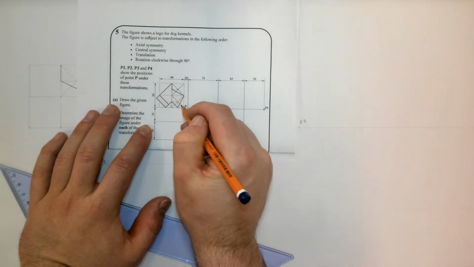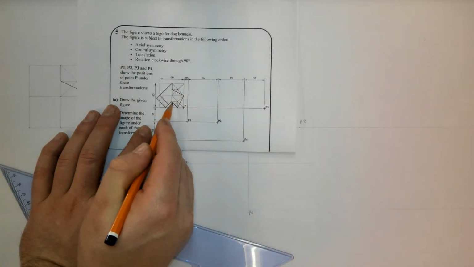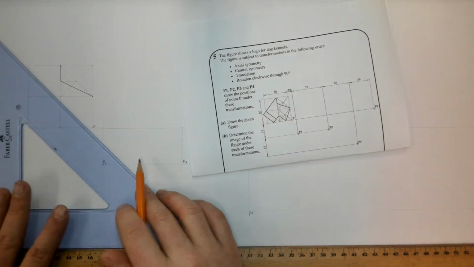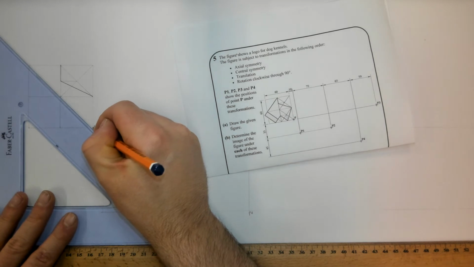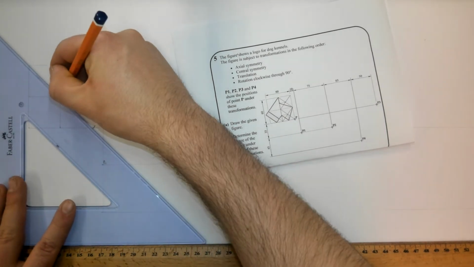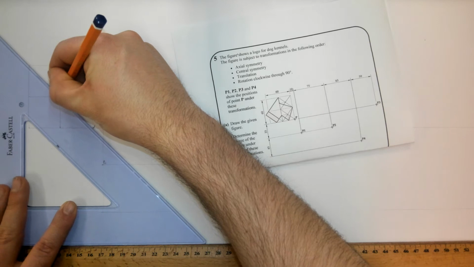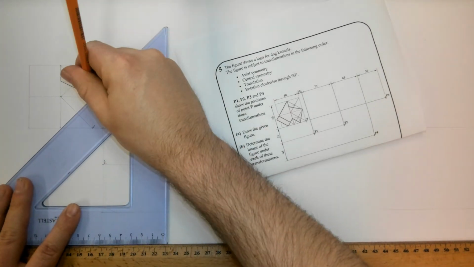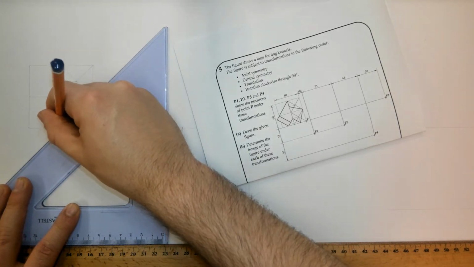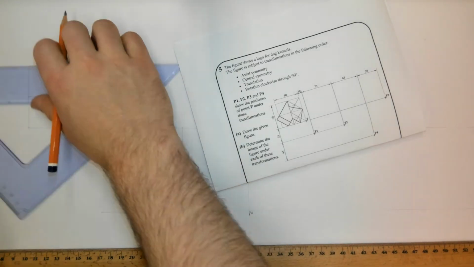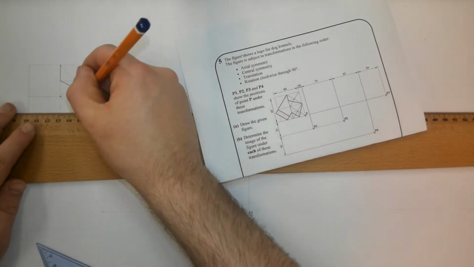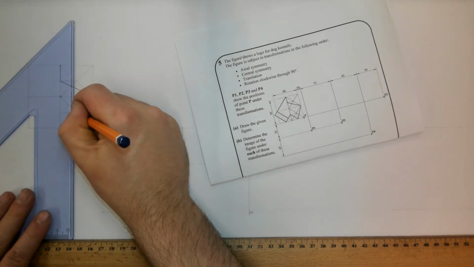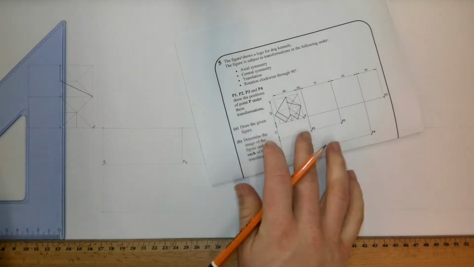Now I'll do the bottom right. So it's across again, and this time there's a little small square in there. So there we have a little small square in.